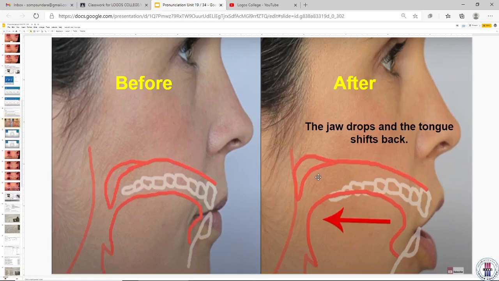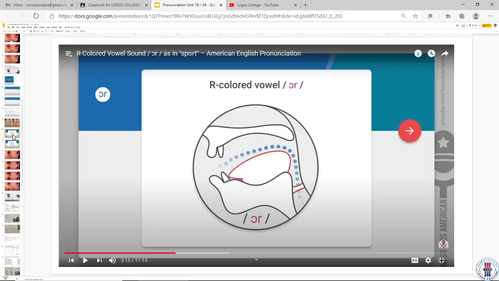Okay, first, let's look at the way the British do it. They'll just say aw. So this before is relaxed, and after, your jaw drops, so it goes down. Remember, your jaw is on the side of your face, and the tongue goes back, all right? So this is the aw right here. This is the first sound, the aw.